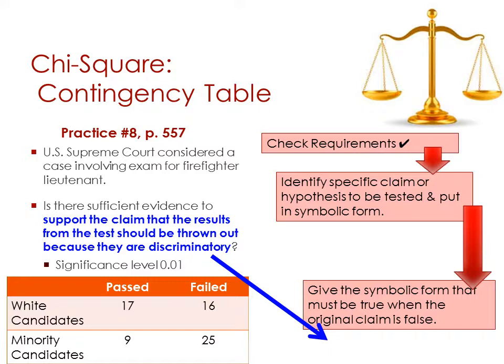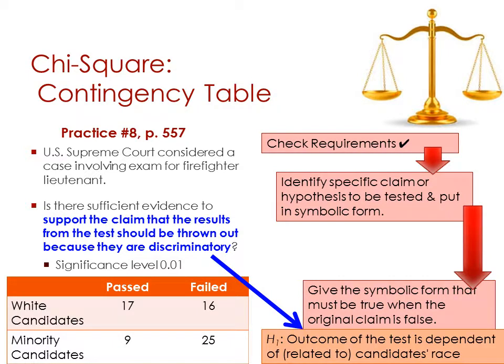So writing that out in proper language for the alternative hypothesis, we would say the outcome of the test is dependent on, or related to, the candidate's race. Because if the test is discriminatory, then my probability of passing is partially determined by my race, and that would make it a discriminatory test.